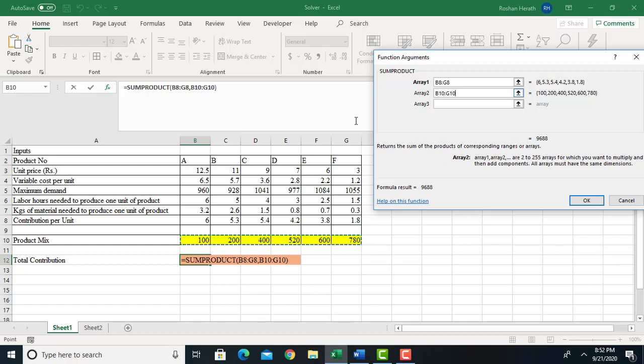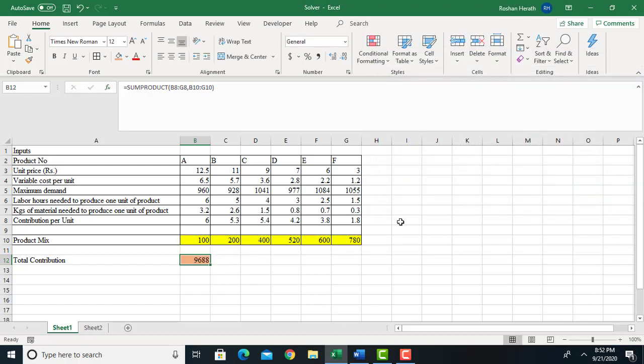So we have taken the arrays located as rows, you got 2 rows multiplied, then you get the answer. So here we get the same answer but using a more efficient way of doing it. So that is the total contribution.